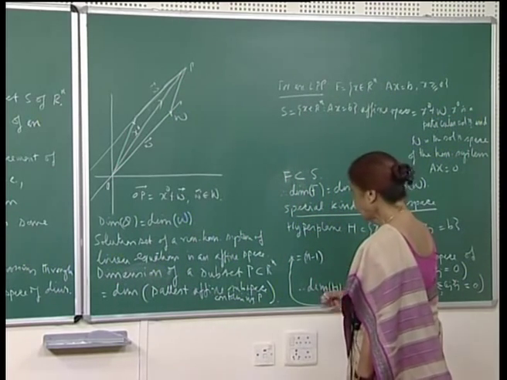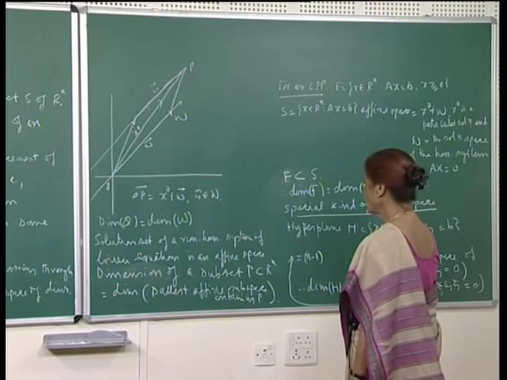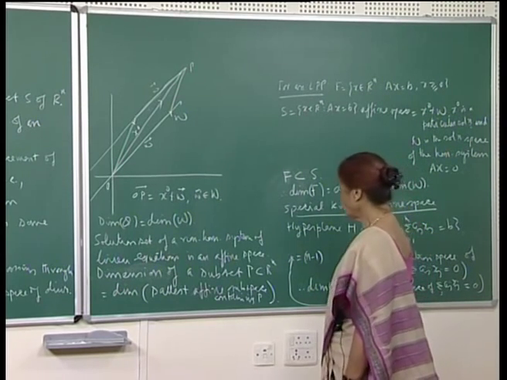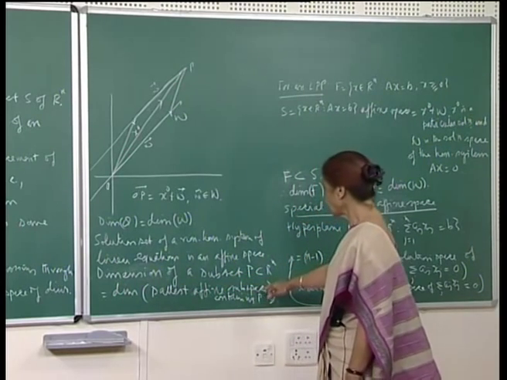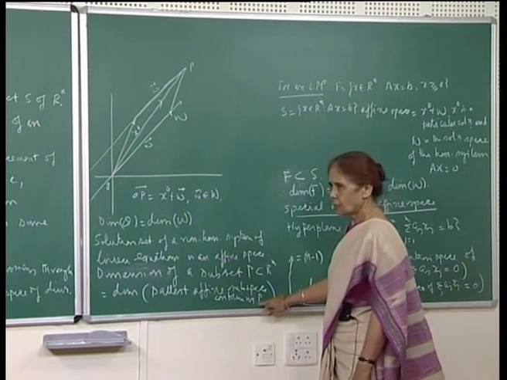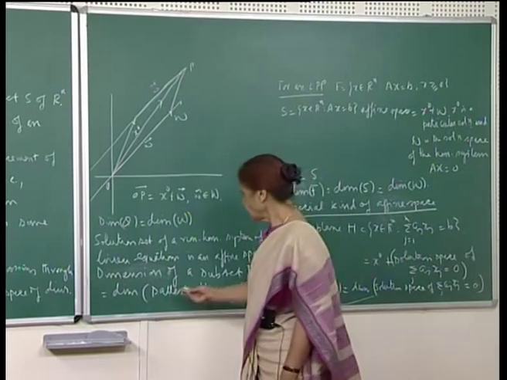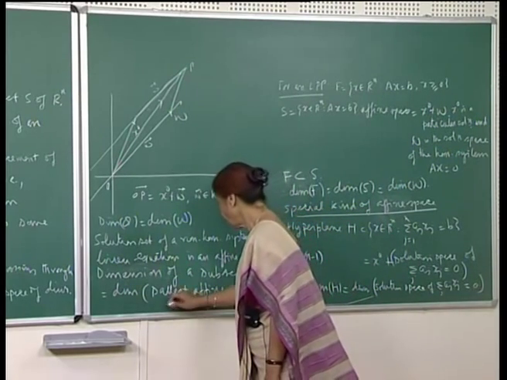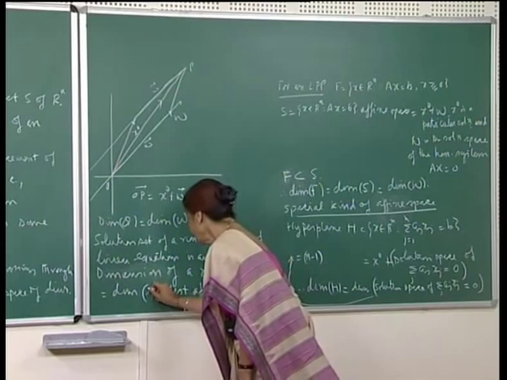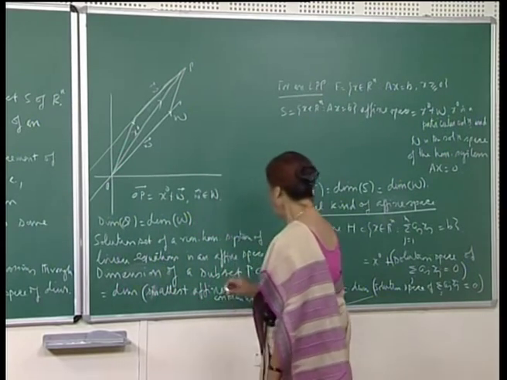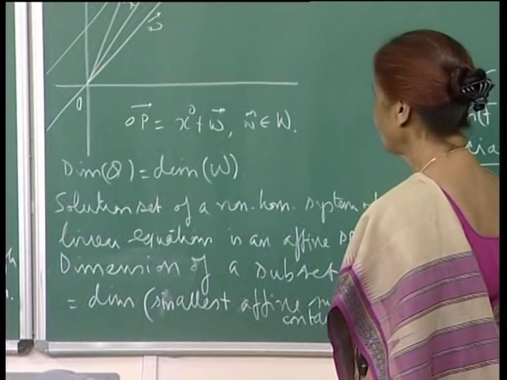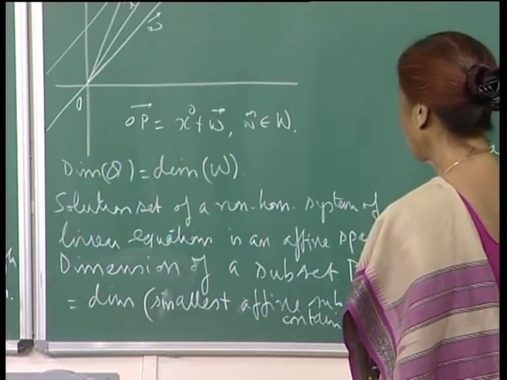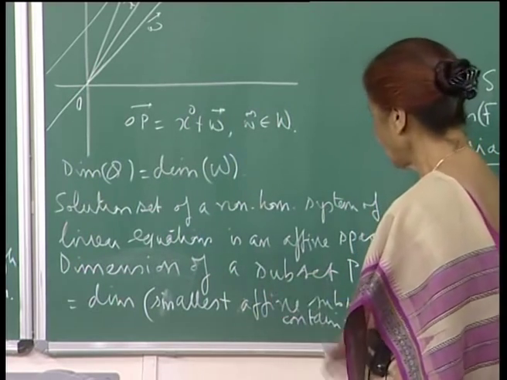And now we come back to defining the dimension of a subset P of Rn, and that would be the dimension of the smallest affine subspace containing P. We will not spend time here on how to get the smallest one, but when you come across the concept of the dimension of a subset, this will be clear.